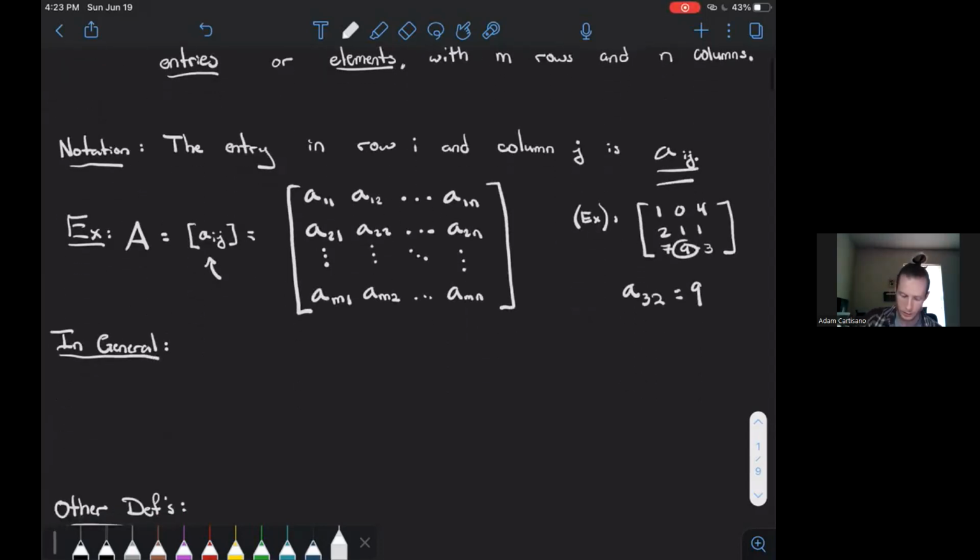Some other notation, if I don't know what this general thing is. If A is 1 by N, if it is one row and N columns, then it's a row vector. Sorry, let me draw this.